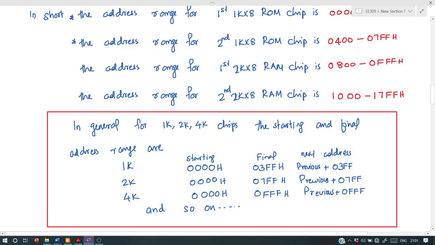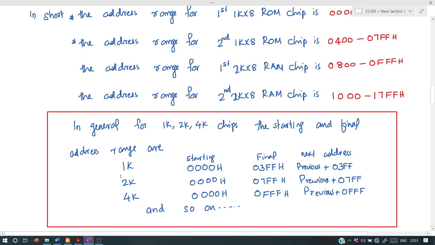That is, for 1K, the starting address is 0000H and the final address is 03FFH. So when we have any starting address, the address for the next chip is obtained by adding 03FFH to the previous address.